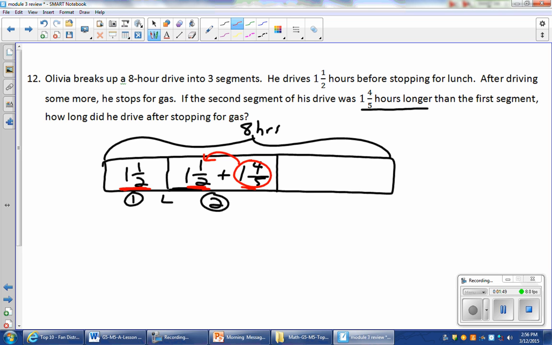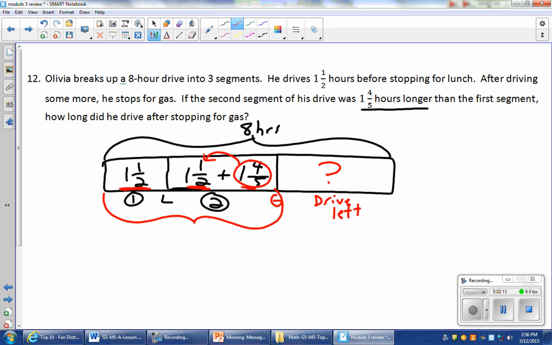Then it wants to know, after stopping for gas, how long did she drive, or how long of the drive is left. So what we have to do here, just like some of the other problems we've had, is put this together first. I have to take 1.5, 1.5, and 1 4/5.